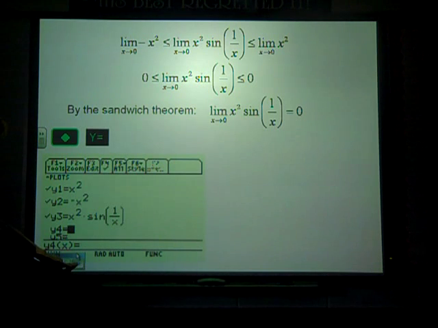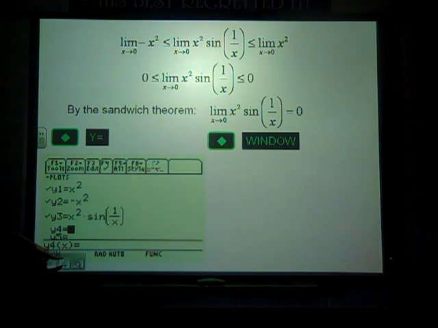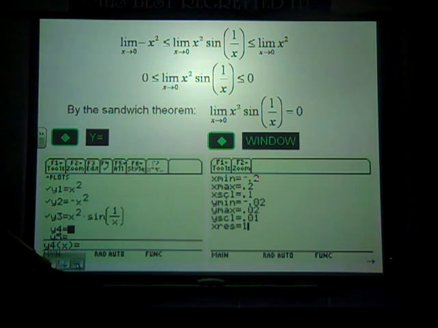And if you look at it in your table, first let's put it on the graph. I want to take a peek at it. We're just looking at very little values. We're looking between negative 2/10 and 2/10 by 1. And our y, we're going from negative 0.02 to 0.02 by 0.01.